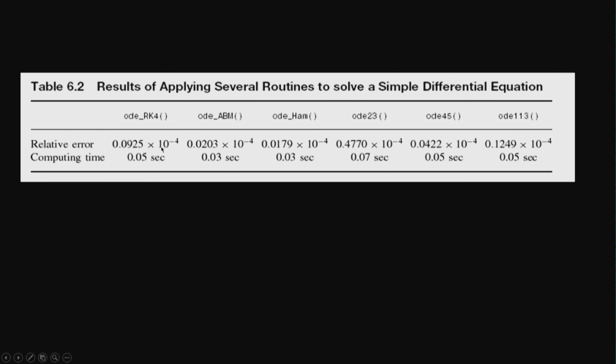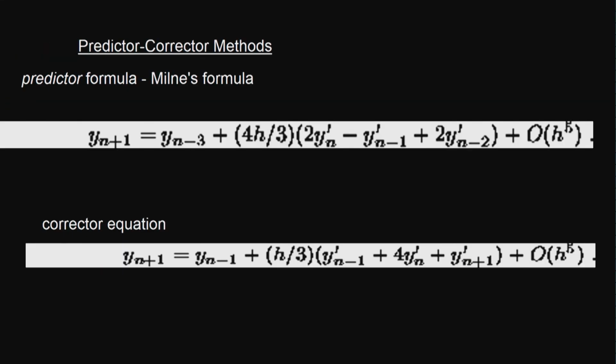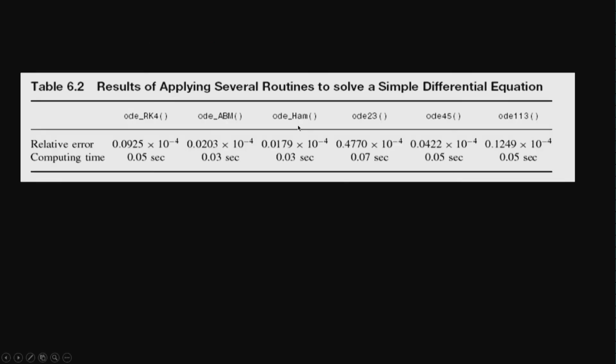Relative error, you can see 0.09. Adams-Bashforth gives 0.02 times 10 power minus 4. Heun's method 0.0179. Then ode23, ode45, ode113, they all give these types of errors.